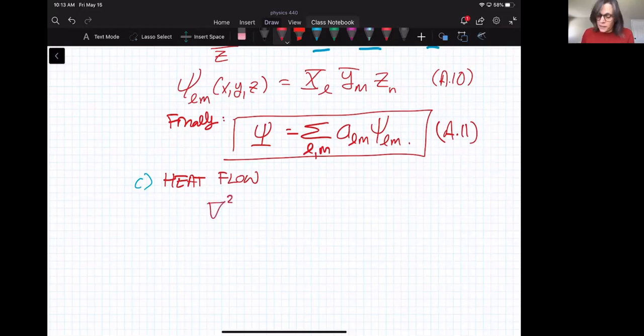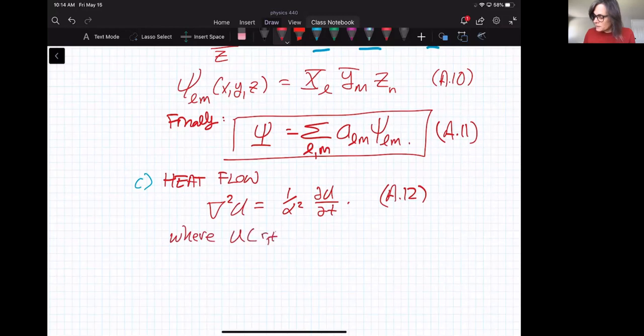Namely, del squared u is equal to some constant, 1 over alpha squared, times du dt. So you note that this is a mixed differential equation in a couple of different ways. First order on one side, second order on the other side, where u of r and t is our temperature. Okay.